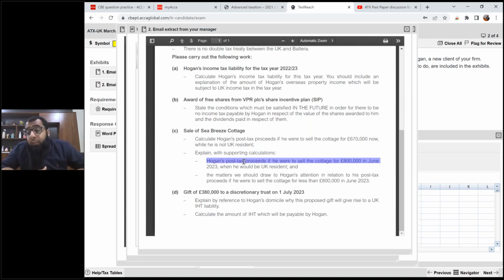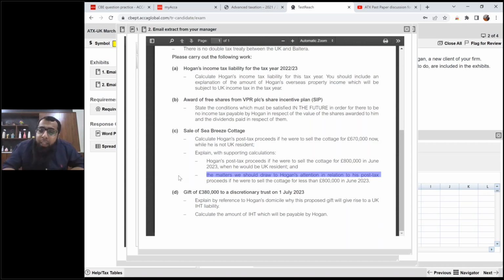What could be the indicator for stamp duty? He will refer to something about stamp duty in the question. Hogan's post-tax proceed if he were to sell the cottage for 800,000 in June 23 when he would be UK resident. This was one of the parts in which I agree some students may make an error.